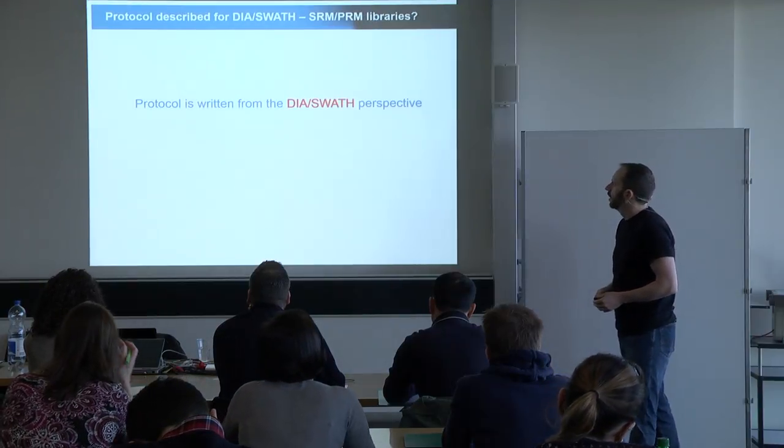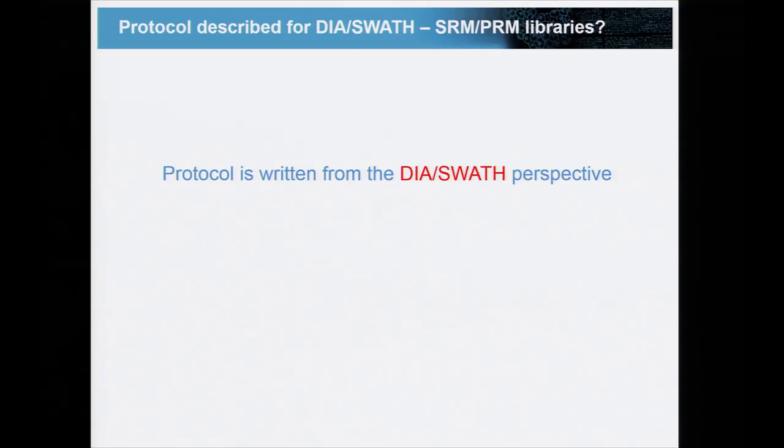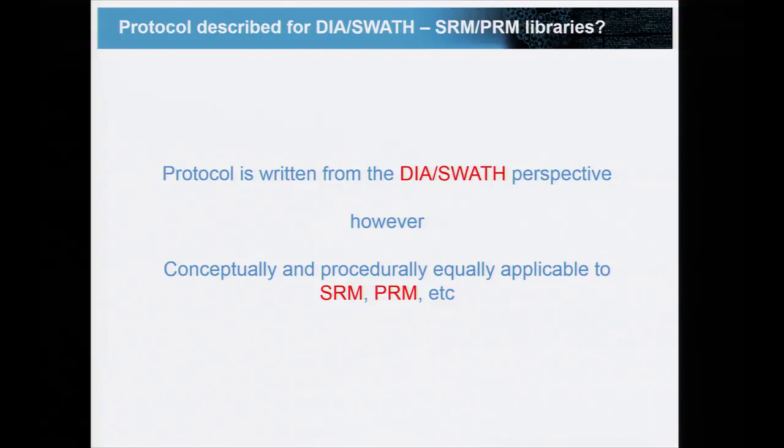This procedure that I'm going to talk about is written from the perspective of making libraries for DIA or SWATH, but conceptually and actually procedurally, it's almost exactly the same as in SRM or PRM. So I will say SWATH a lot during this talk, but you can equally conceptualize this for the other methods.